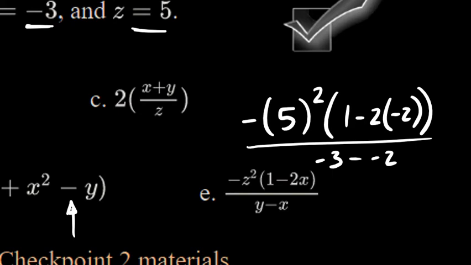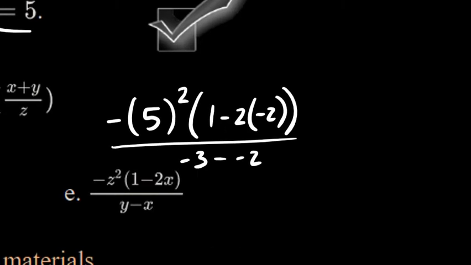Okay, so let's take a look at the numerator. I'm going to evaluate these parentheses first. I've got a 1 minus 2 times negative 2, which is going to be 1 plus 4, right? 1 plus 4 is 5.